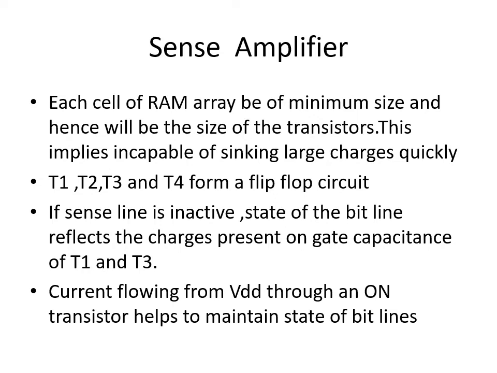Current flowing from VDD through an on transistor helps to maintain the charge of the bit lines, and determines the state which will be taken up by the sense flip-flop when the sense line is activated.